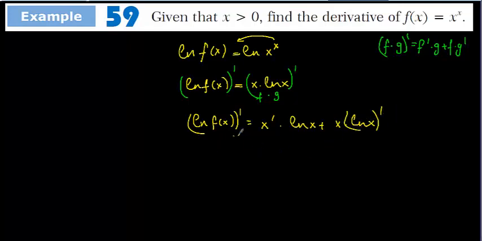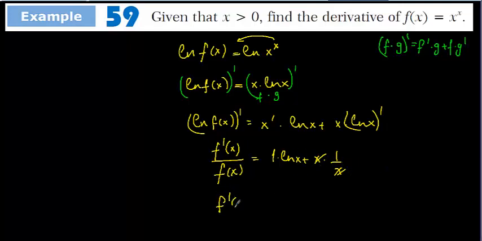Okay, if you remember what was the value of the ln fx derivative, f derivative x over fx, it's going to be equal to x derivative, which is 1, times ln x plus x times the derivative of ln x. If you remember, it was equal to 1 over x, so x times 1 over x, if you simplify, it's going to be ln x plus 1.